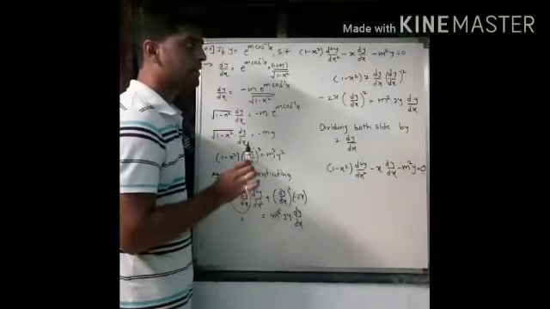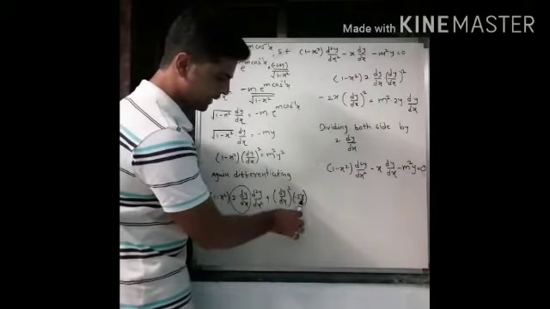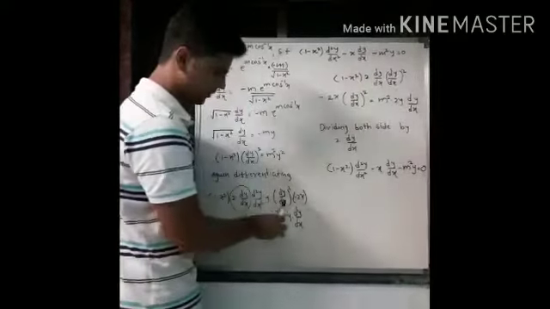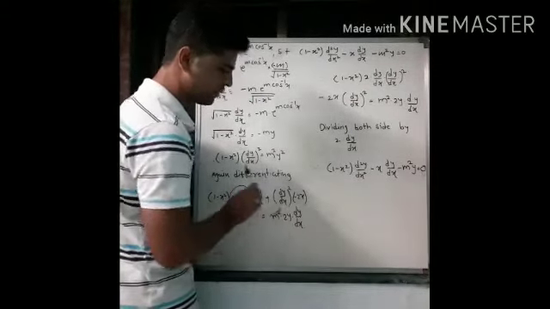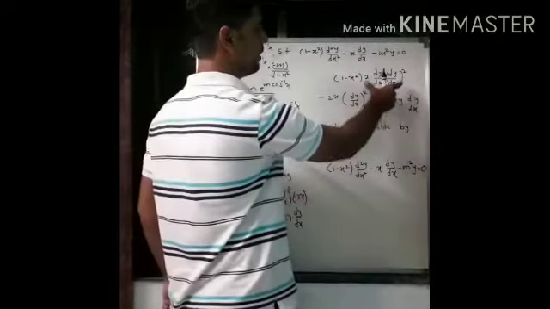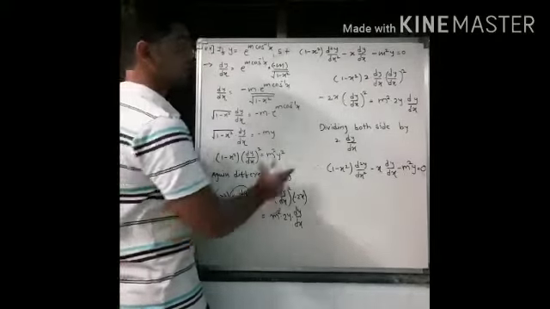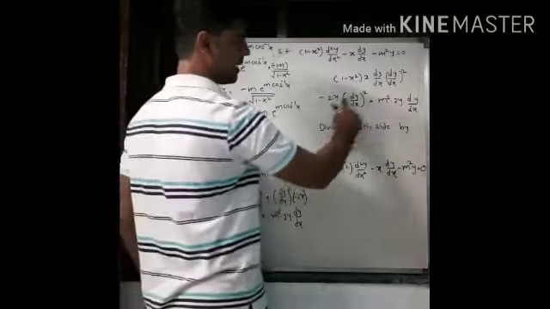Now check the second term, minus x dy by dx. We want minus x dy by dx. See, we have that minus, this minus and x here. Again we want dy by dx, we have that dy by dx also, but we don't want this 2 and this dy by dx, right? We have written this in simplified form. If you see this term as it is here, then this term, minus and plus, becomes minus here.